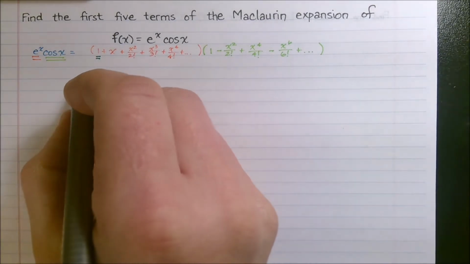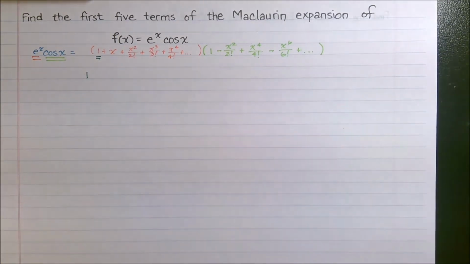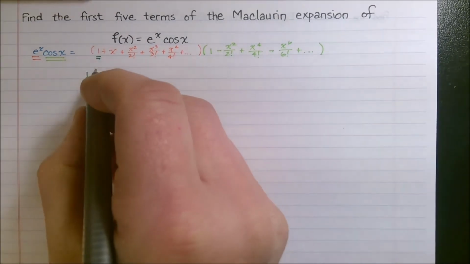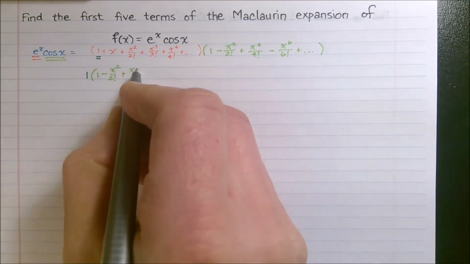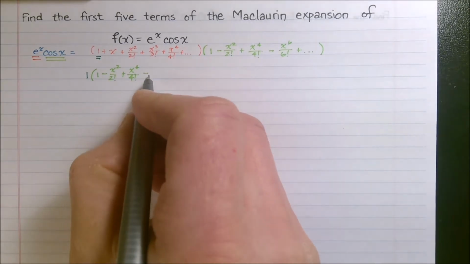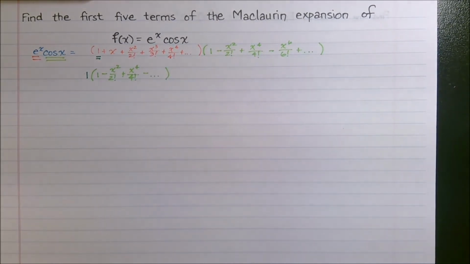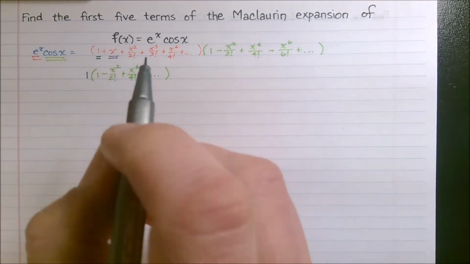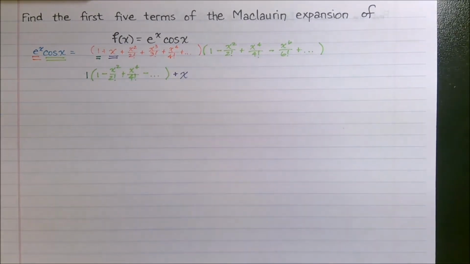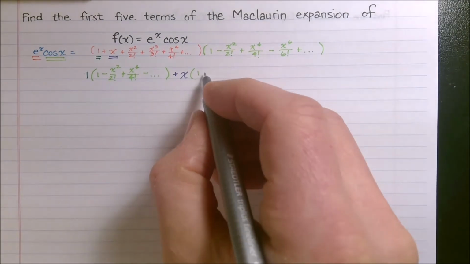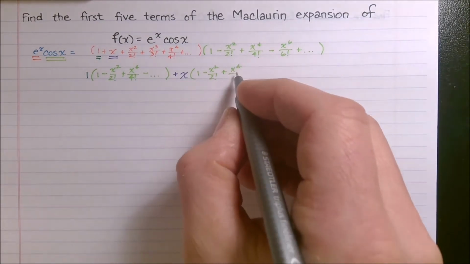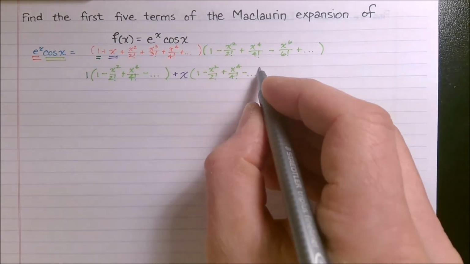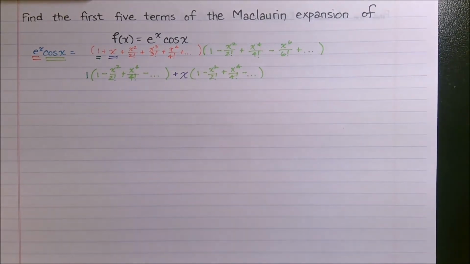So we'll have 1 times that whole thing: 1 minus x squared over 2 factorial plus x to the 4th over 4 factorial minus dot, dot, dot. The next piece is a plus x, so it'll be plus x times the whole thing: 1 minus x squared over 2 factorial plus x to the 4th over 4 factorial minus dot, dot, dot. That's the first 2 terms.